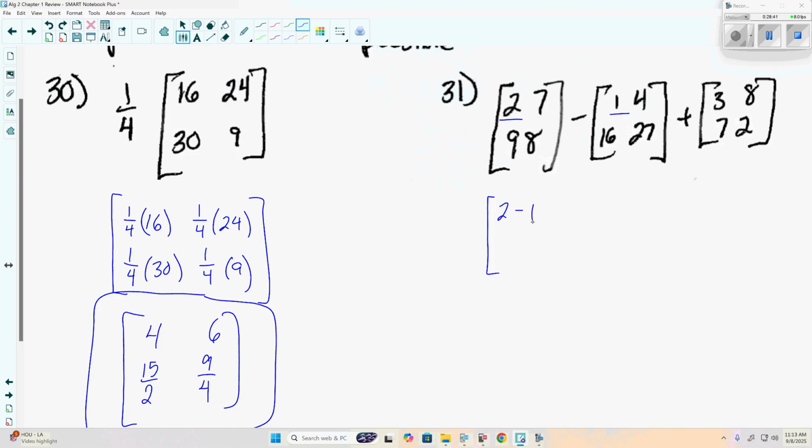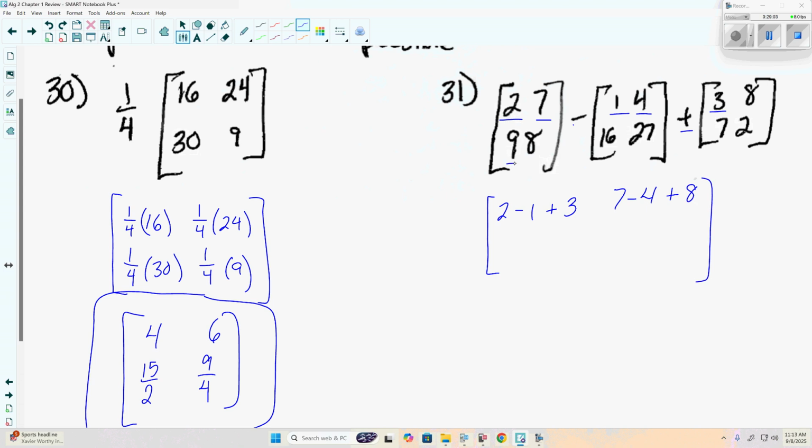And then we would add to it 3. So you could do the first two and then subtract the first two and then add the third to it, or we can just look at each element, add and subtract as we go through it. Our next one would be 7 minus 4 plus 8.